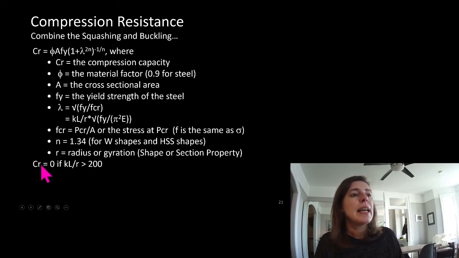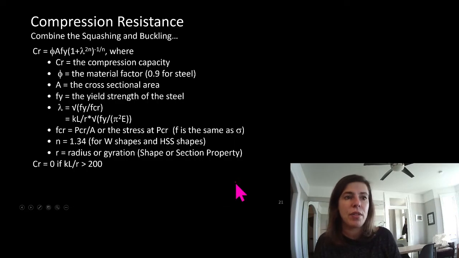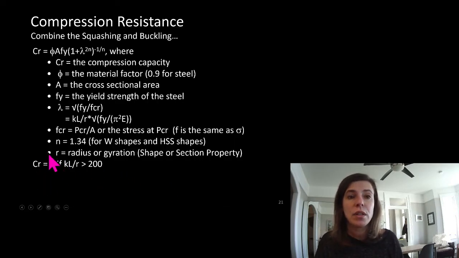But look, CR equals 0 if KL divided by R is greater than 200. That is this limit right here. So CR equals 0 as soon as our length divided by R is greater than 200. That's a limit. We don't let it go greater than that. So that's the upper bound on our equation.